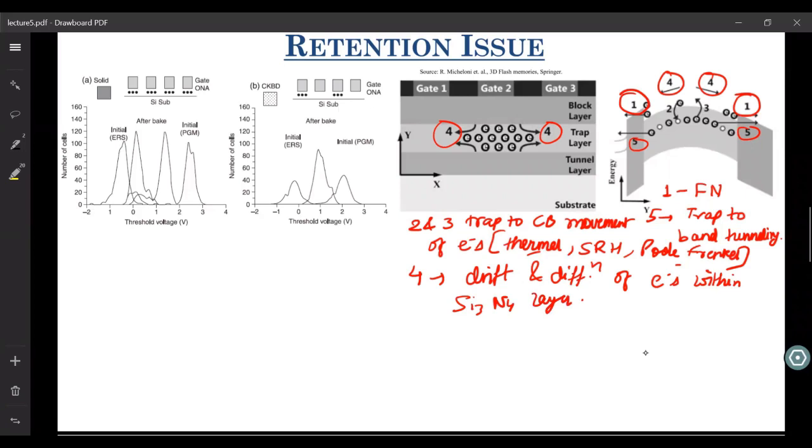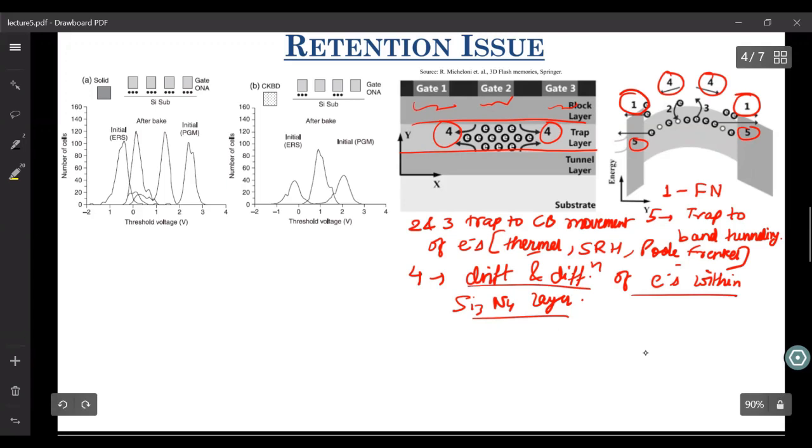Since this nitride trap layer is continuous, these electrons may migrate from the bottom of gate 2 towards the bottom of gate 3 or gate 1, depending upon the fields, the temperature, and the gradient. This drift and diffusion of electrons within the nitride layer is called lateral migration.